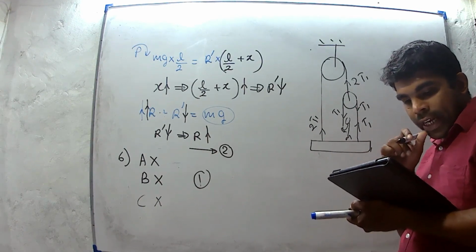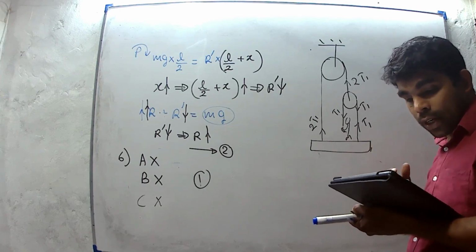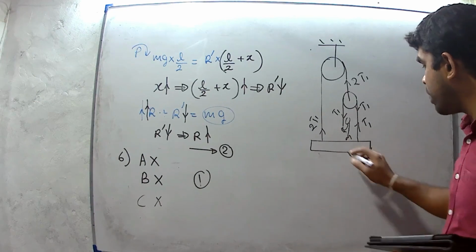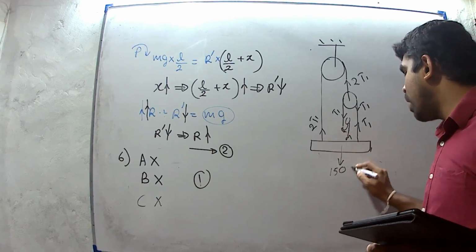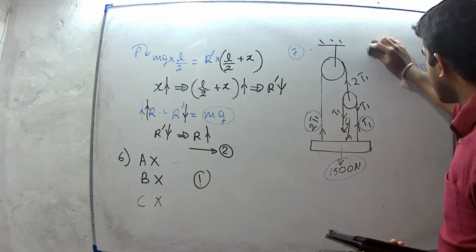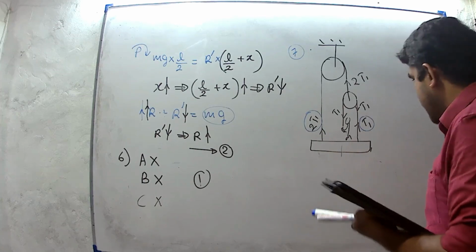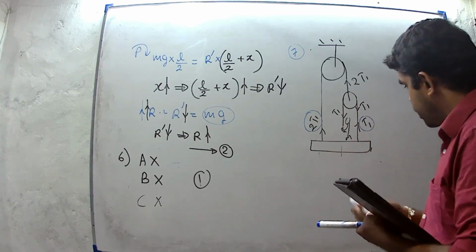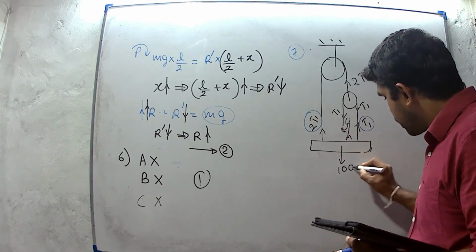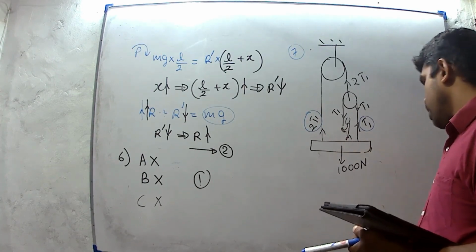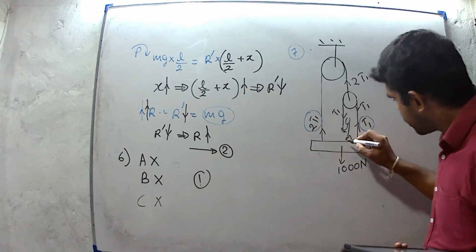Now, the weight of the man is 500 Newton and the weight of the platform is 1000. Therefore, we can mark 1500 total weight. We have to consider the reaction due to the man. There is another force. The weight of the platform is 1000.